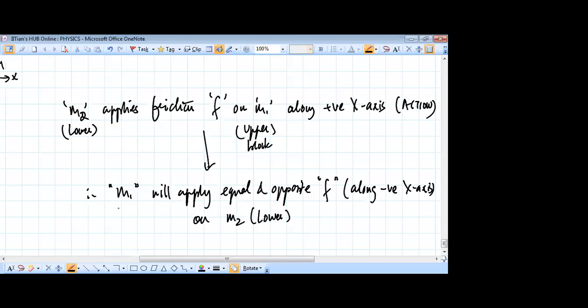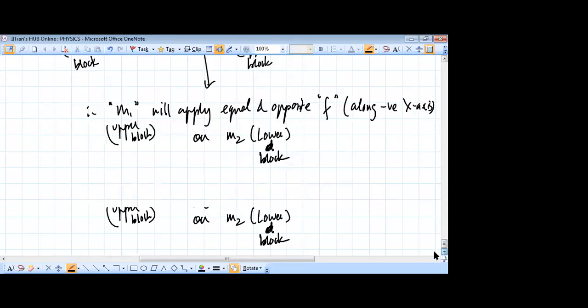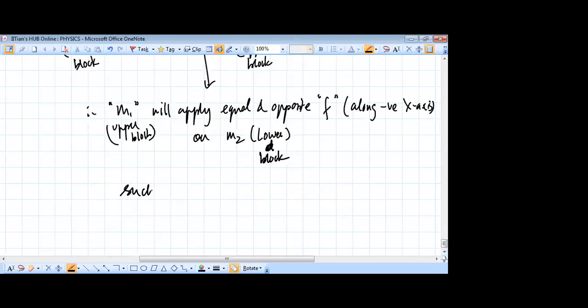So the upper block will apply an equal and opposite frictional force on the lower block to prevent it from slipping. And this combination of forces will act such that the two blocks slide together. Slide means with respect to the floor, not with respect to each other.